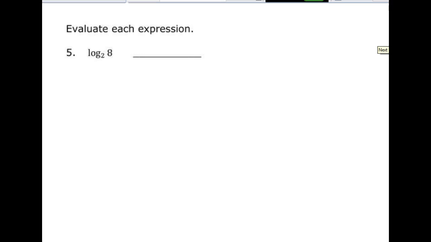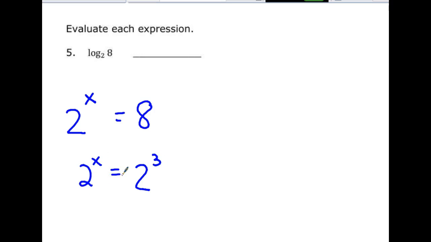What is this equal to? Well, what's the base? 2. I'm figuring out the exponent to make it equal to 8. Do you remember that 8 is 2 to the third power? So what is x equal to?